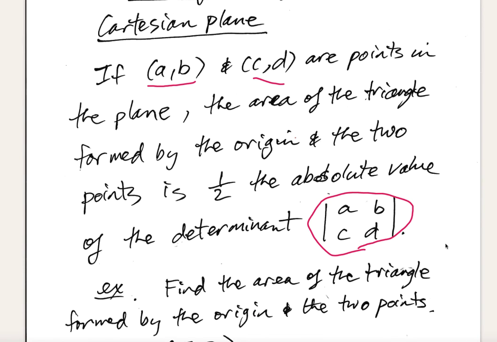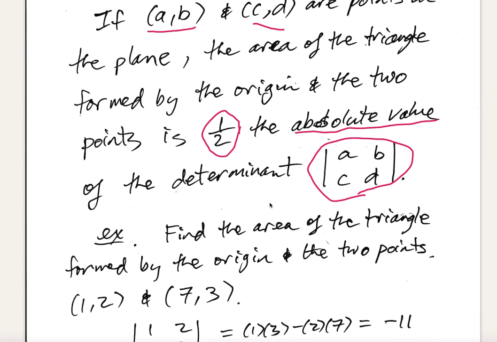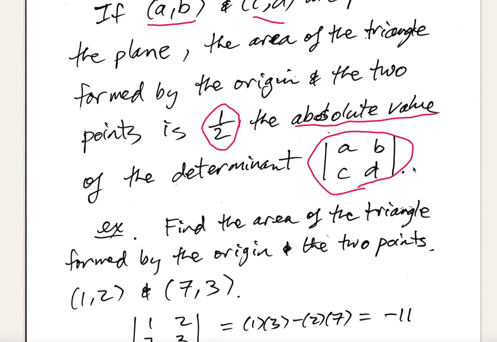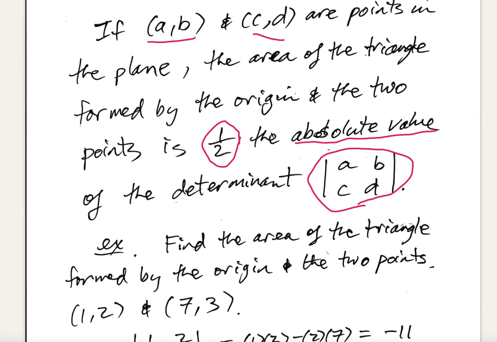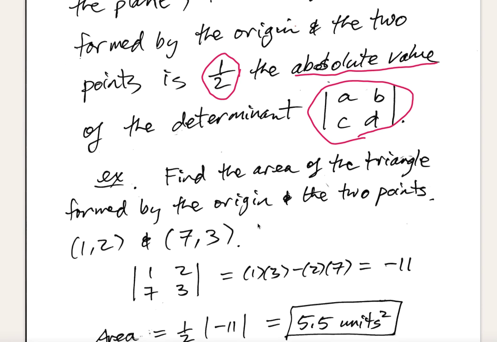Now I'm taking the absolute value because you usually want area to be positive, because some of the determinants we've seen end up with negative values, but it's half the absolute value of the determinant. This thing's actually the area of a parallelogram formed by these points and the sum of the 2 points, but I'm not going to go into that.